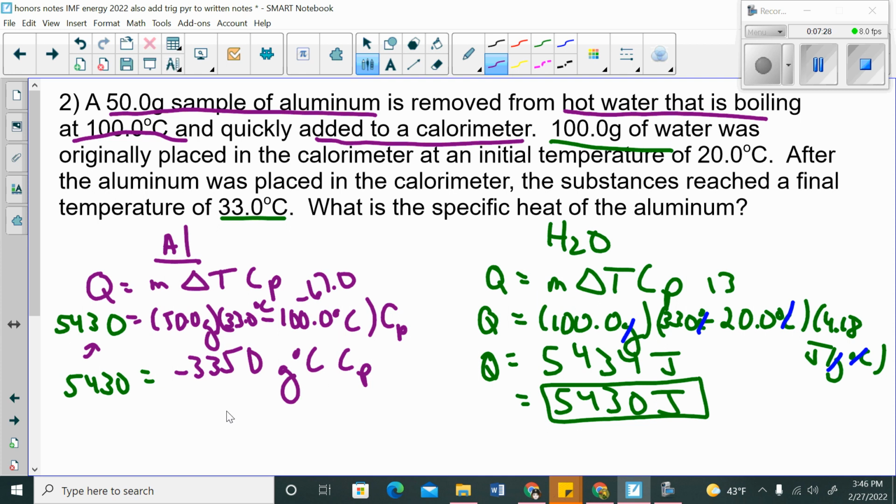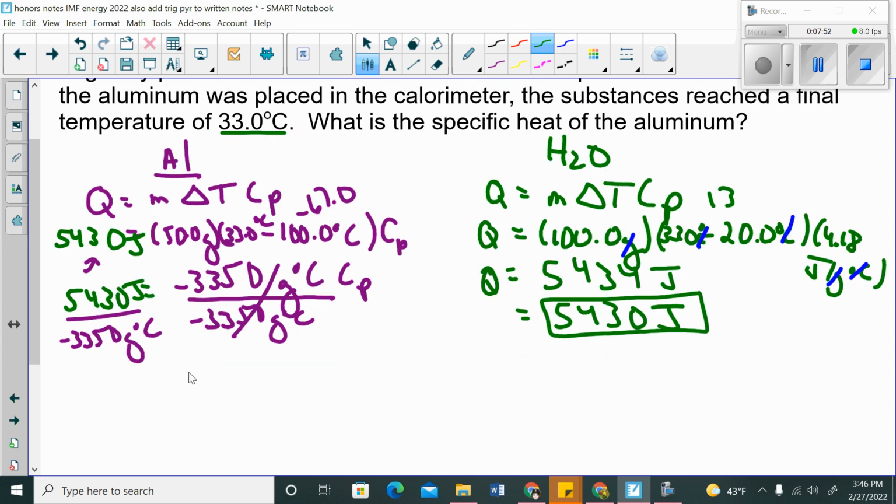Okay, now what do you have to do? Now you're trying to solve for CP, so you're going to divide. This will cancel over here. And by the way, this was joule. Okay, raise this up a little. Now let's calculate. So CP now equals, actually, I'm going to put that in purple.